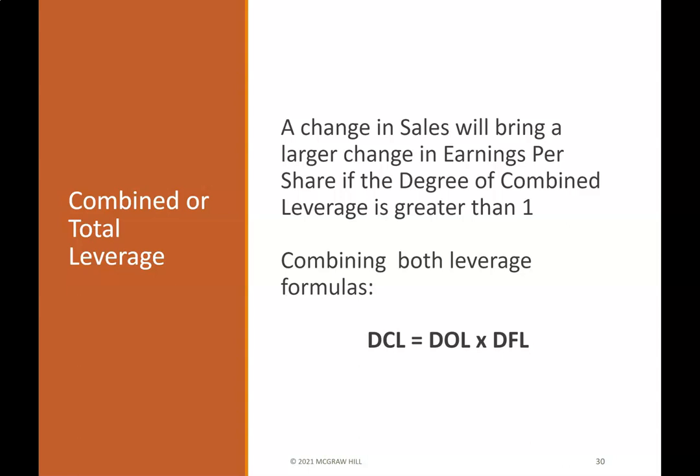A change in sales will bring a larger change in earnings per share if the degree of combined leverage is greater than 1. Combining both leverage formulas, the degree of operating leverage times the degree of financial leverage will equal your degree of combined leverage.